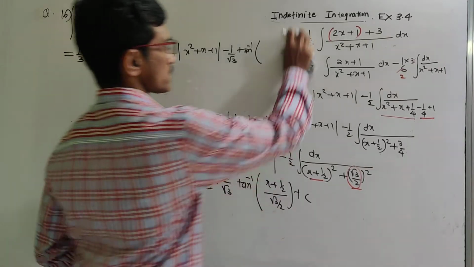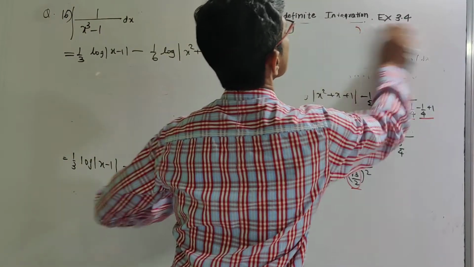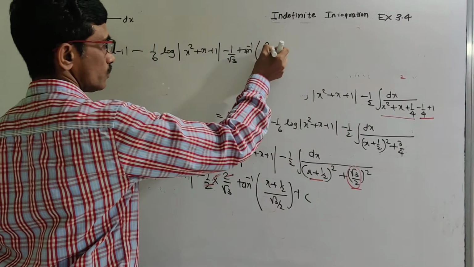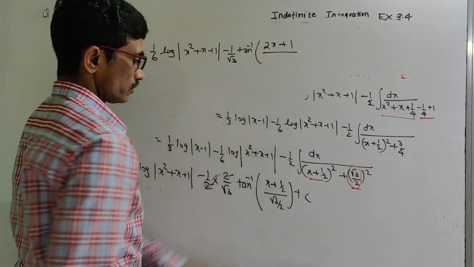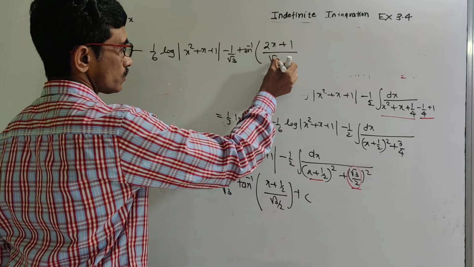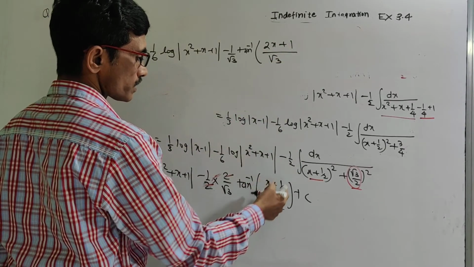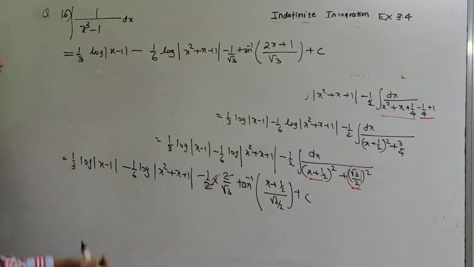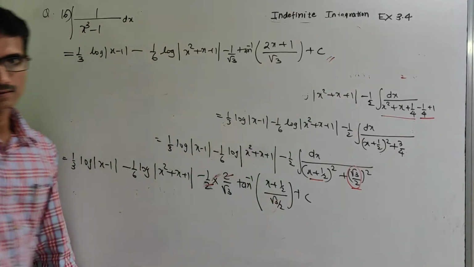So that root 3 upon 2 and this 2x plus 1 upon 2, so 2 is getting cancelled over here, plus c. So it is the complete answer.